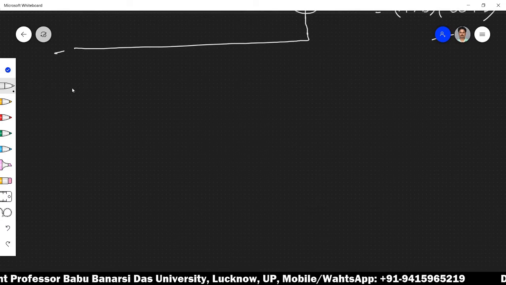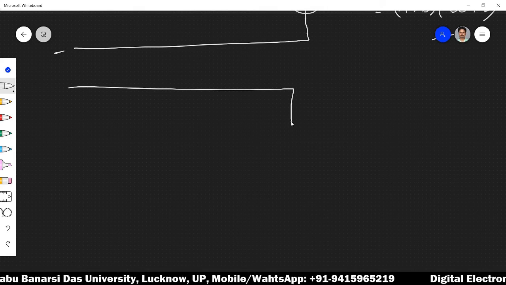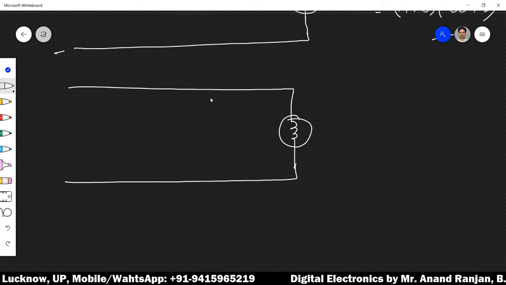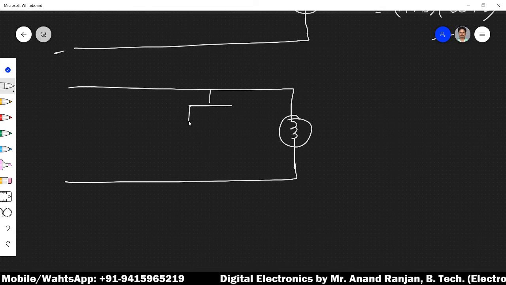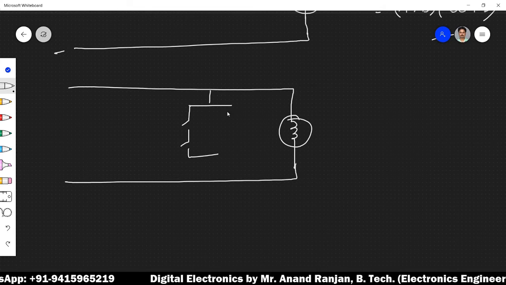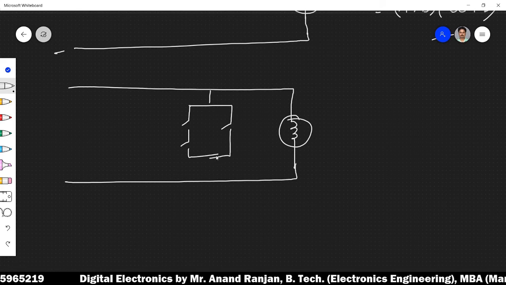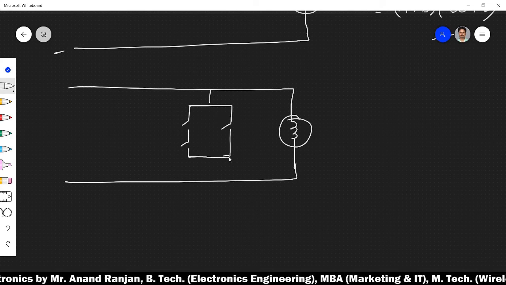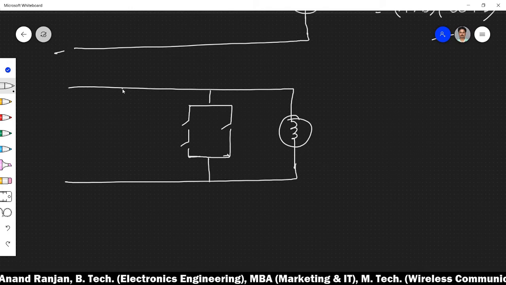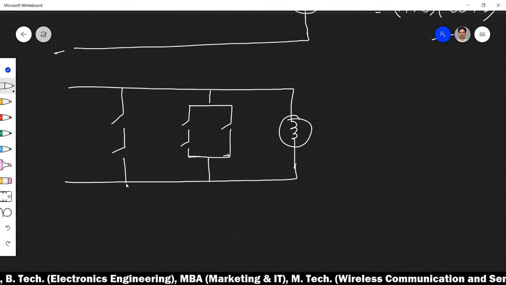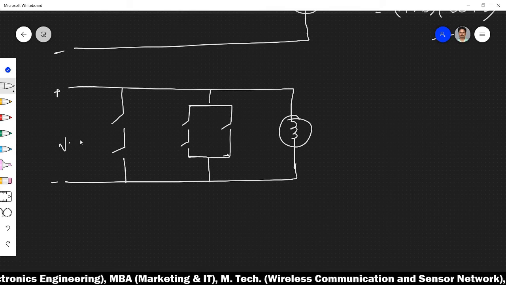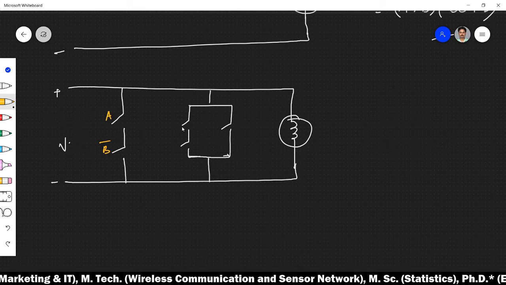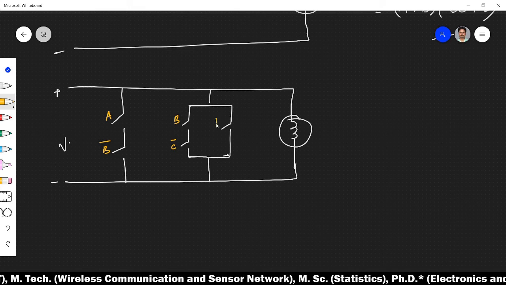Another example. Let's take another example in which this is the bulb, and these switches are A, B bar, here B, C bar, and D bar.